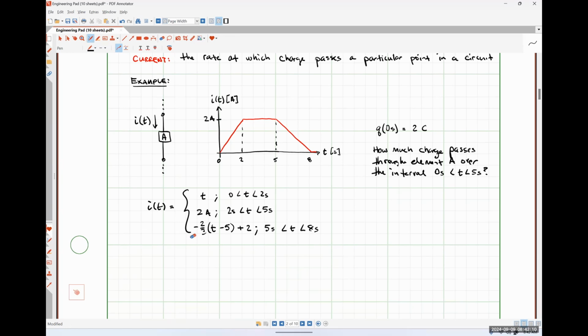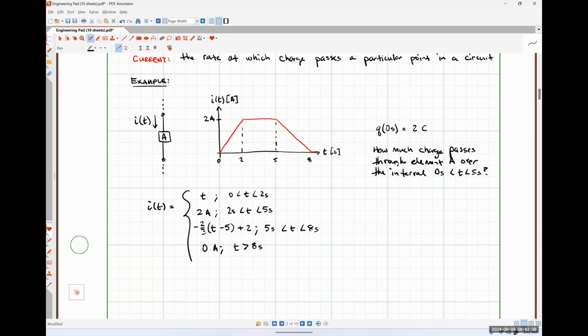And then let me expand this thing a little bit. 0 amps for t is greater than 8 seconds. So I'm sure some of you are looking at that expression, negative 2/3 times t minus 5 plus 2, and you're going, where did he get that from? So let me explain things really quickly.